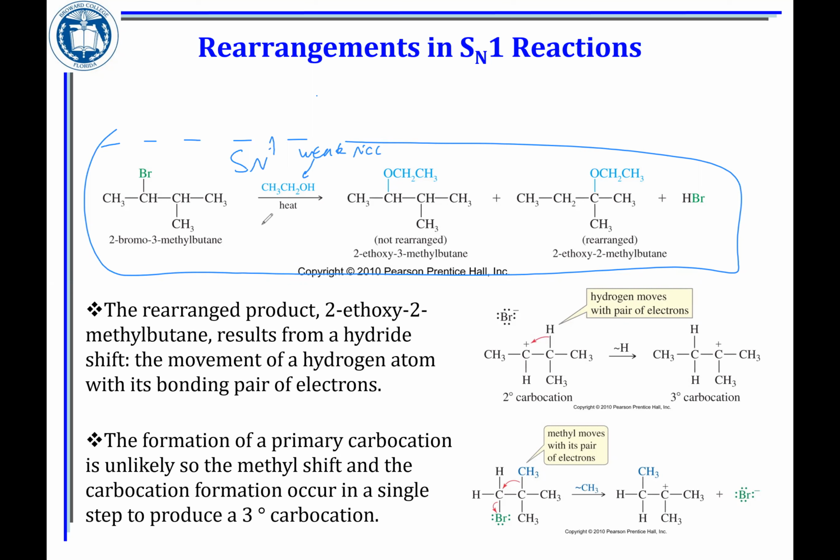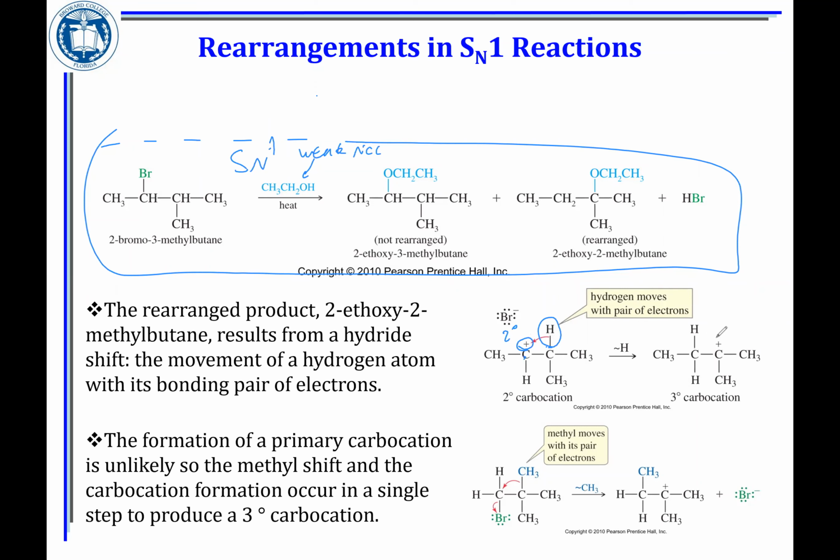We break the carbon-bromine bond and form a carbocation. And formation of the carbocation is the first step. So if the carbocation forms here, that's the explanation. Because it's a secondary carbocation, and the neighboring carbon is a tertiary carbon with a hydrogen that can shift.